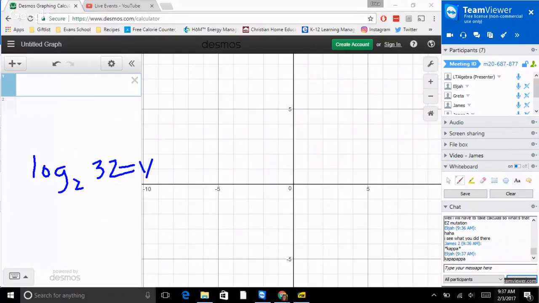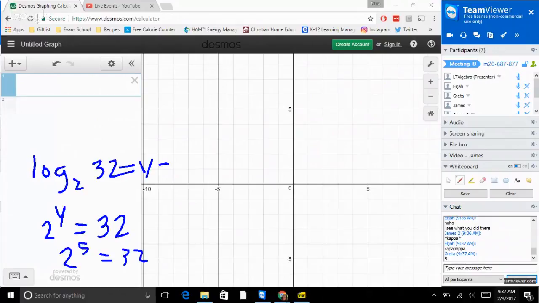We're trying to find 2 to the y power equals 32. Some of you might even know this. What 2 to what power gives you 32? 5. There you go, Greta. 2 to the 5th power equals 32.